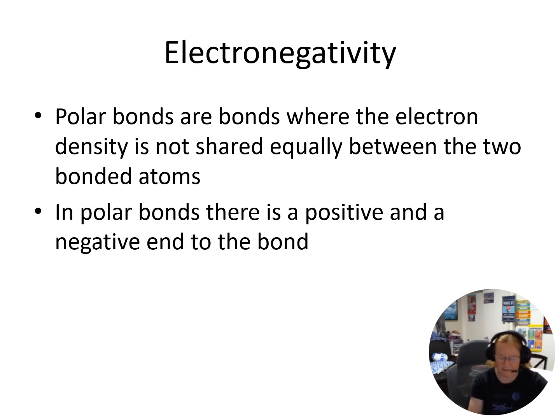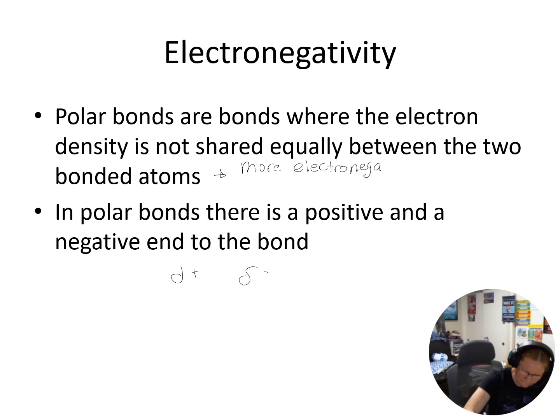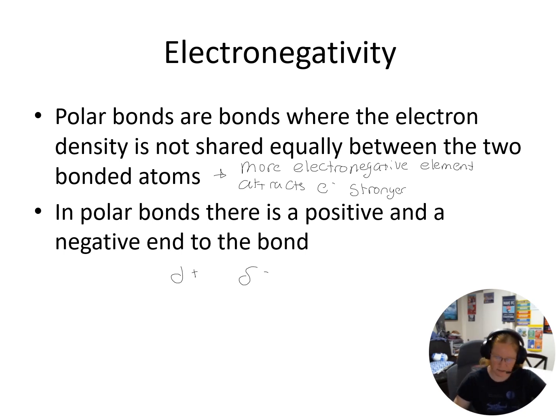So we get a positive and a negative end, a partial positive and a partial negative. All right, so that more electronegative element attracts the electrons stronger.